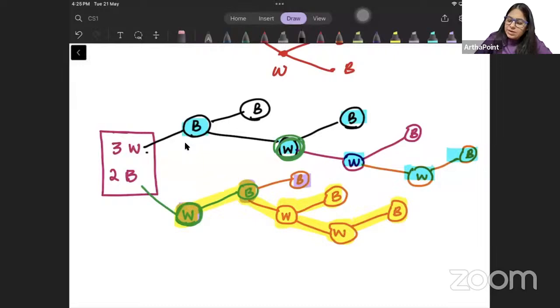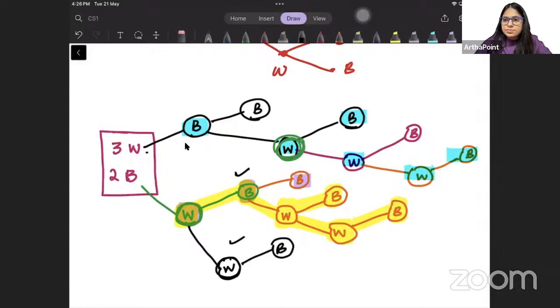Otherwise, what can happen here? I have drawn a white ball. So either I can draw a black ball or a white ball. If I have drawn a white ball, then again I can draw a black ball. If I draw a black ball, then again I have to go through the process. After this, I draw a black ball and I stop. Or after drawing a black ball, I draw a white ball.